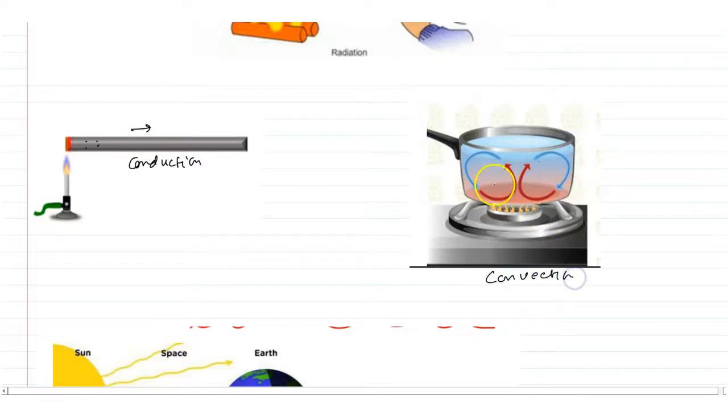In convection, the water or liquid at the lower surface is heated and moves upward, and the cold water or cold liquid above goes downward, and again it is heated and moves upward. That means the material is moving and carrying the heat energy.